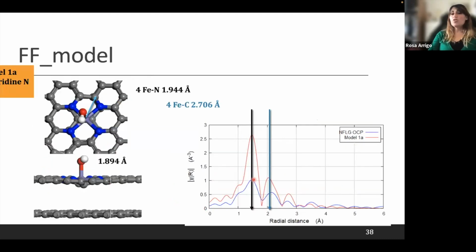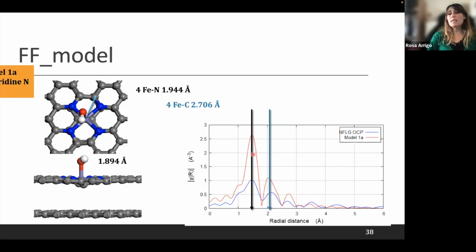So first of all, we try to fit and model the starting point, the open circuit potential. And by the way, this data was obtained at B18 at Diamond Light Source using the in situ cell we have developed there. So if we look at this, we've applied force fields, so classical physics, electrostatic interaction, to model this site with 4 pyridinic nitrogen.